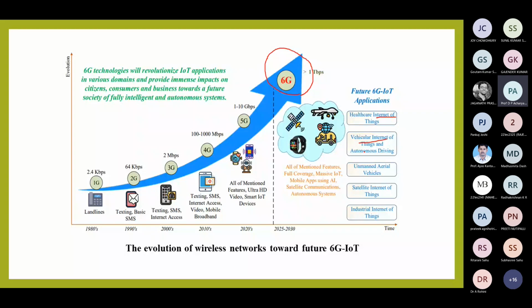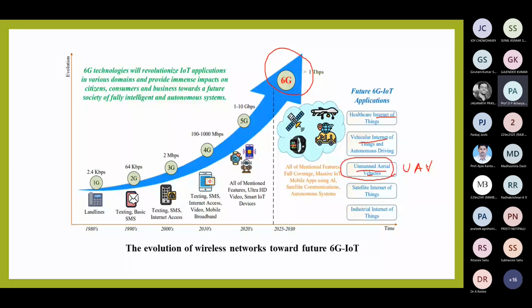See, without proper communication, you cannot dream of autonomous or driverless driving. We will have a lot of unmanned aerial vehicles. Actually, it is visualized that these UAVs are going to play a major role in 6th generation communication.